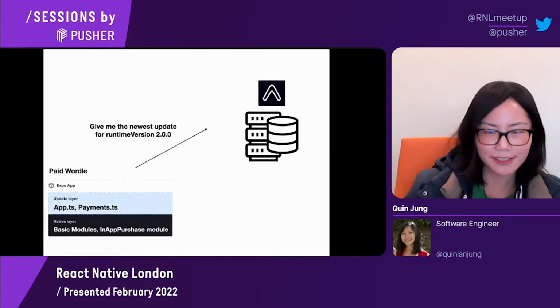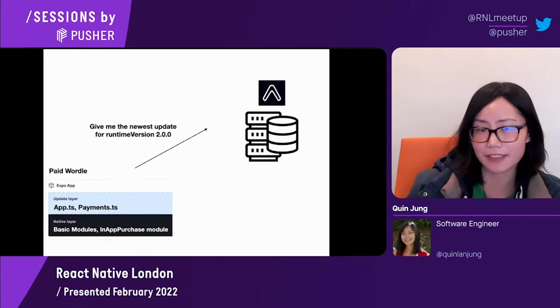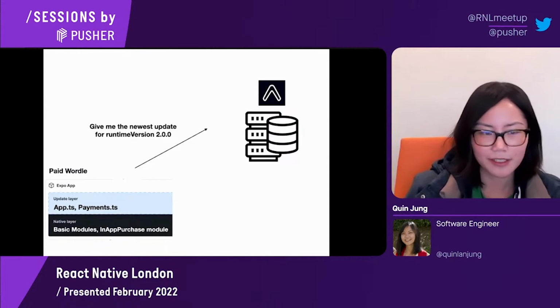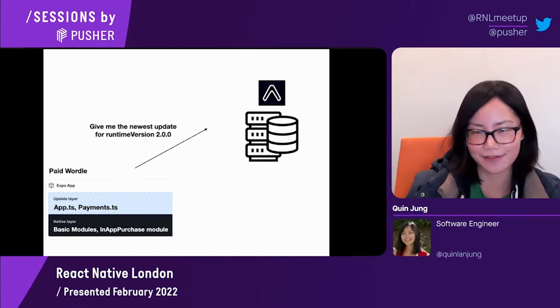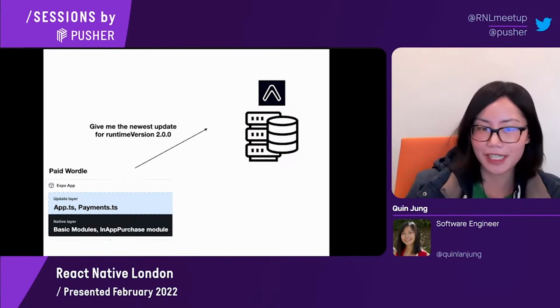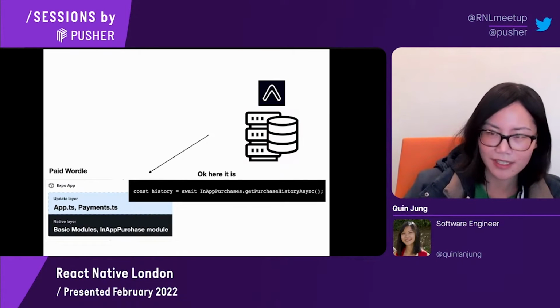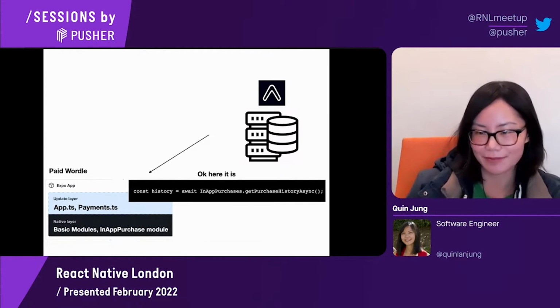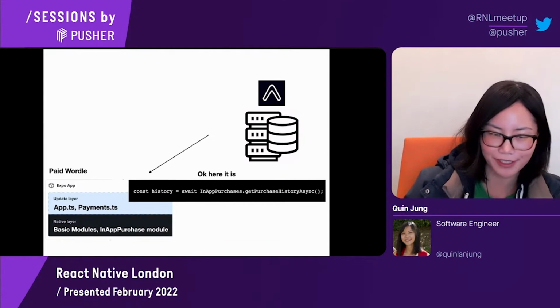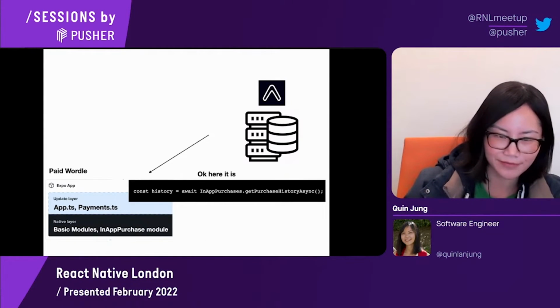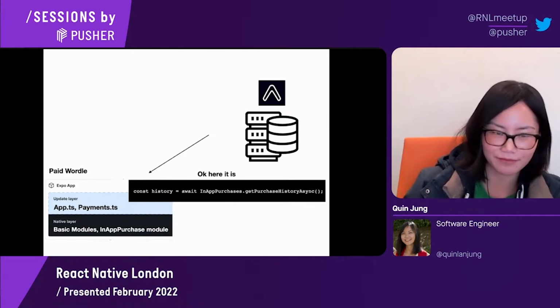All right, so let's look at what happens to updates in the context of runtime versions. Somebody with paid Wordle is going to ask our servers to give them the newest update for runtime version 2. We're going to look and see that you have indeed published the purchase history feature. So we're going to give it to the paid Wordler, and everything's going to work out fine.